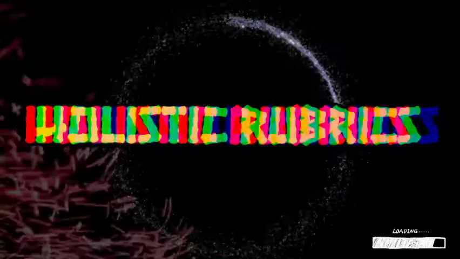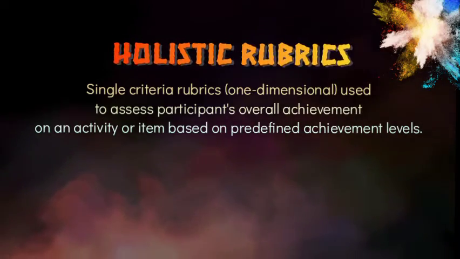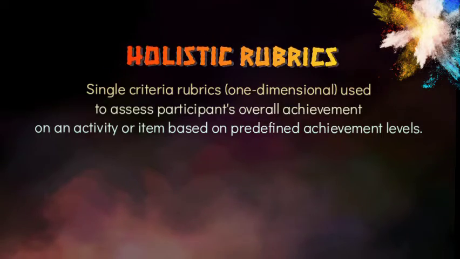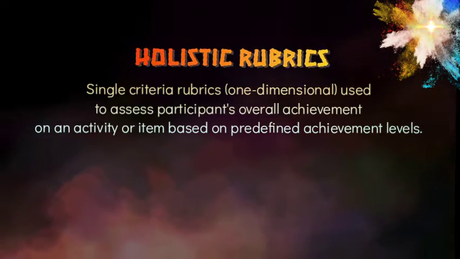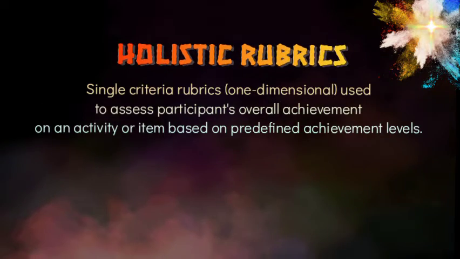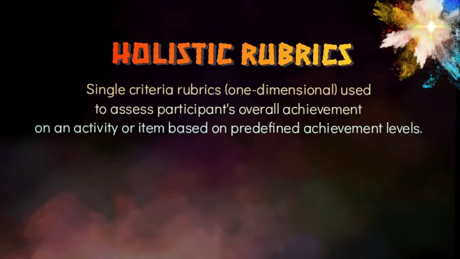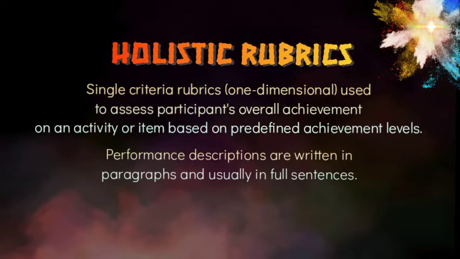Now that we have an idea about the meaning of rubrics, let's jump now to the definition of holistic rubrics. Holistic rubrics are single criteria rubrics, one-dimensional, which is used to assess participants' overall achievement on an activity or item based on predefined achievement levels.